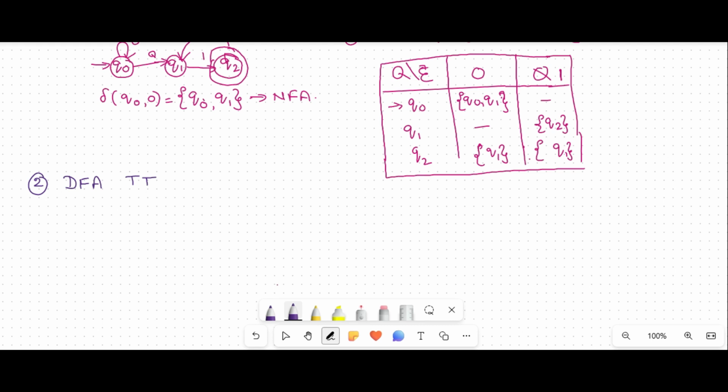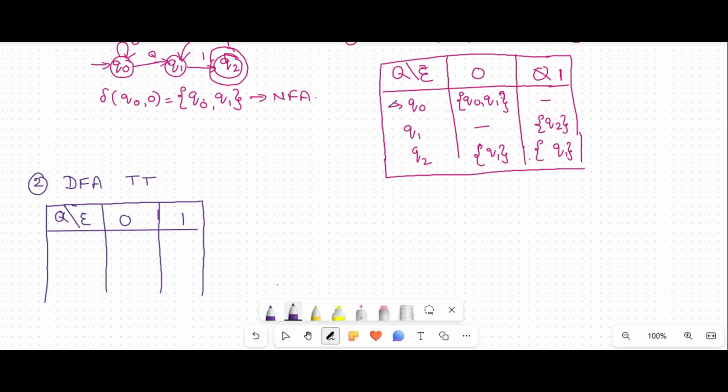There is no change in the transition table structure: Q and sigma, and the input alphabet 0, 1.